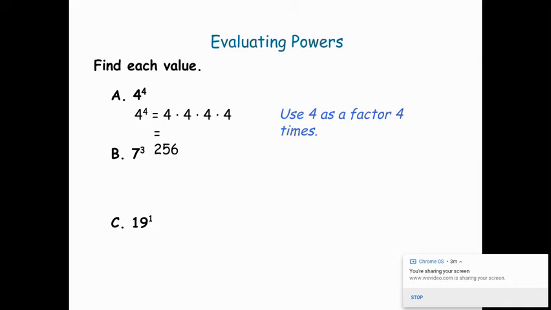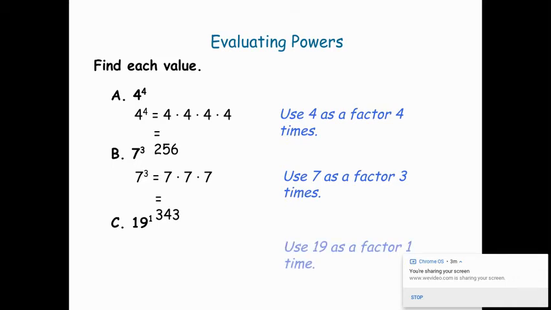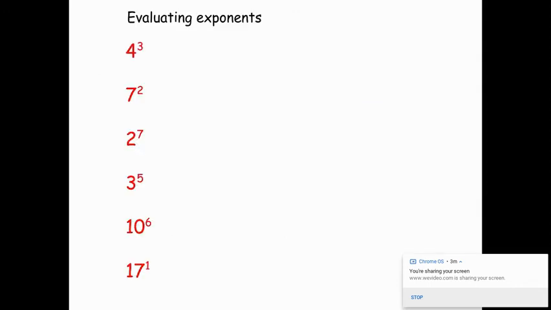You're going to use 7 as the factor 3 times. So 7 times 7 times 7, and what is your answer? 343. Letter C is easier. It's just 19 to the 1st power. So you're going to use 19 as the factor 1 time, and therefore you're going to get the answer of 19.